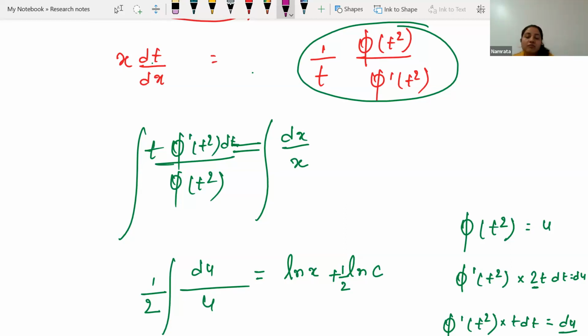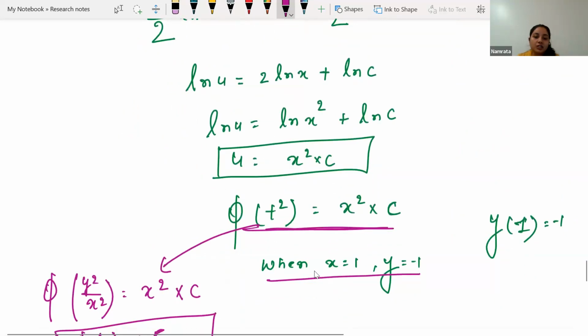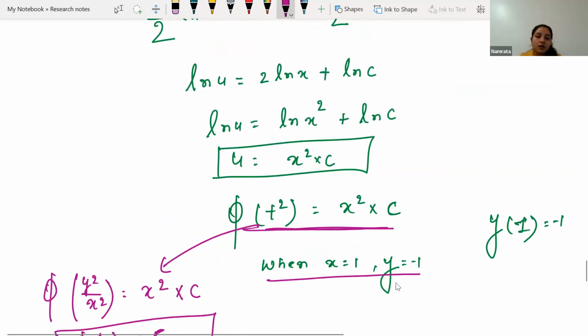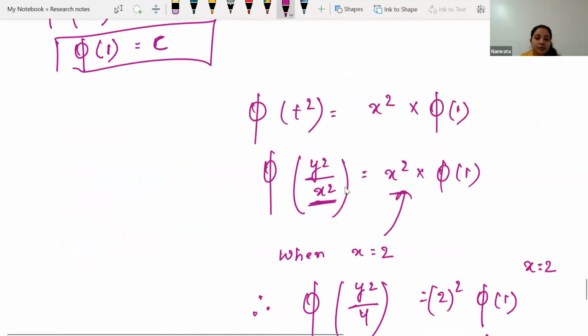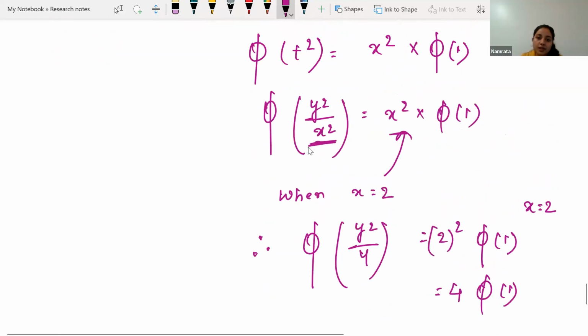For solving this integration, again we are doing the substitution. After that we find the constant of integration according to the given condition, x is equal to 1, y is equal to negative 1. Instead of ln c, if you had taken only c, you would have reached the same answer. So this is what we get as c, and then substituting c we get our answer.